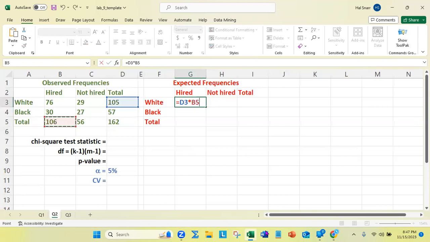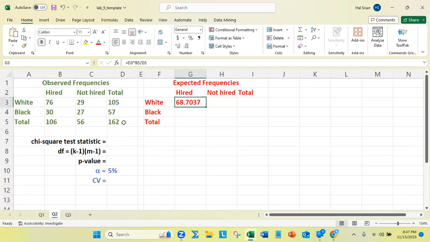And when you multiply, remember that's the word and. And then we're going to divide that by the overall total. And we get an expected frequency of 68.7037, which is kind of close to 76, but not exact, right?